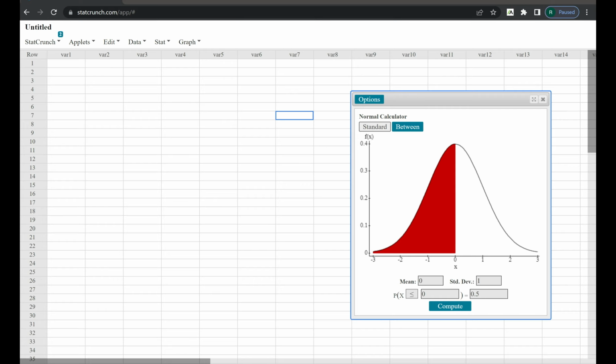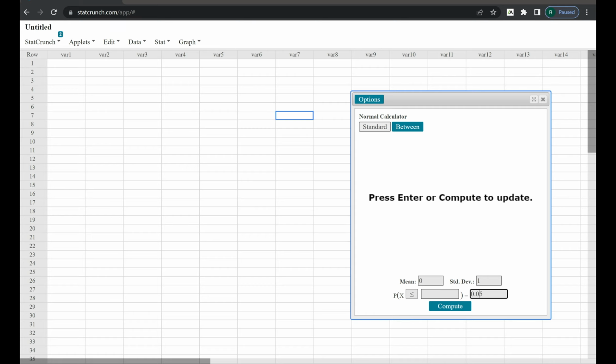For a 95% confidence interval, the remaining is 0.05. But this calculator only does a left-tail or right-tail calculation for us, and we would like to do the two-tail test.